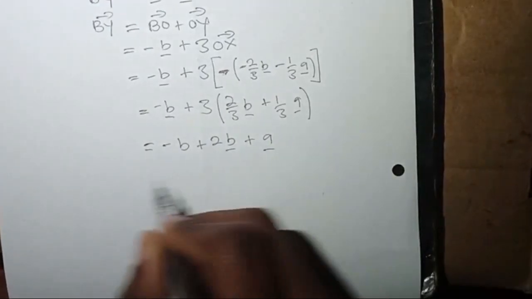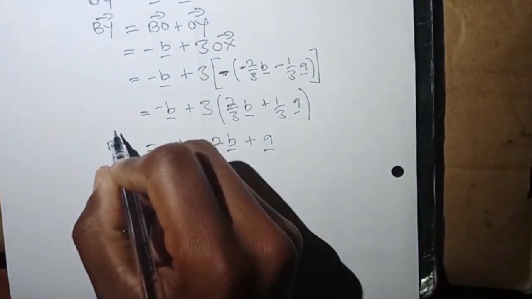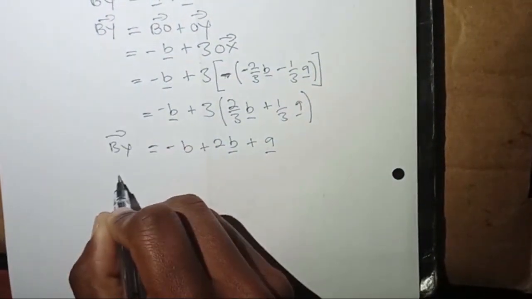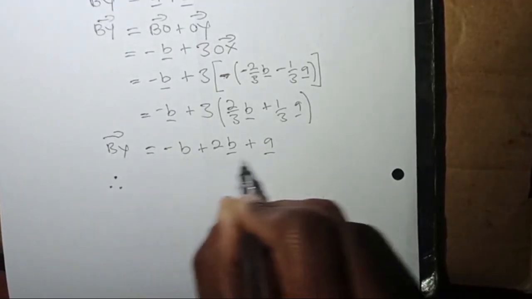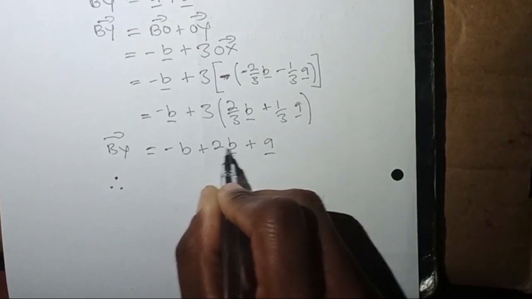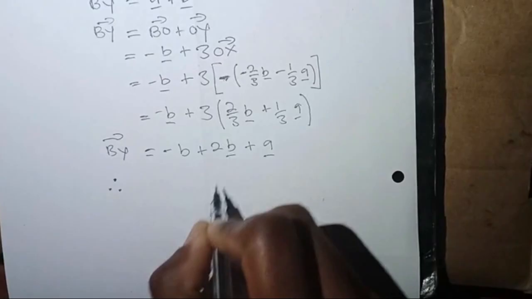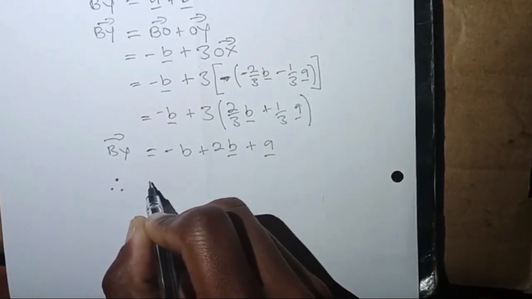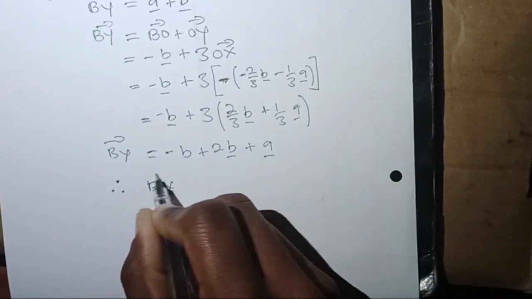So now this is not the end. We can say that therefore, if you look at our problem, this is minus b plus 2b plus a. It's like saying negative 1 plus 2, it's going to be 1, and since we cannot write 1b, we're just going to write b.